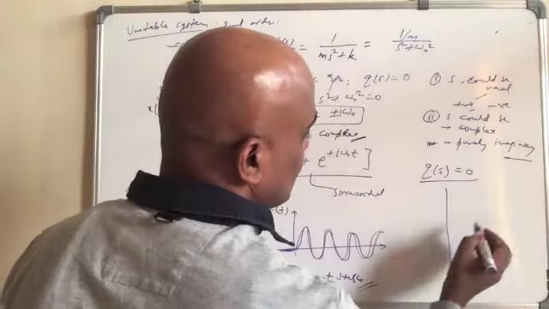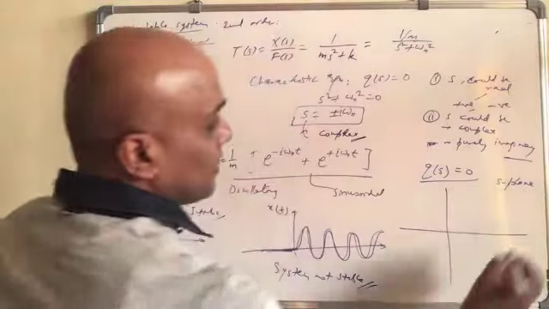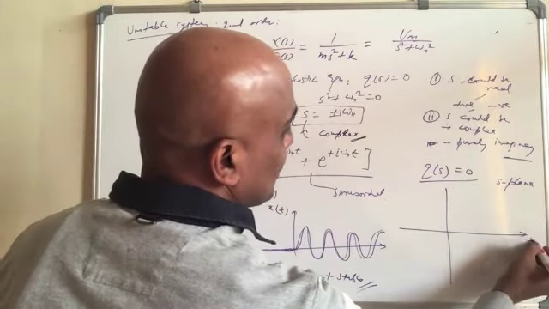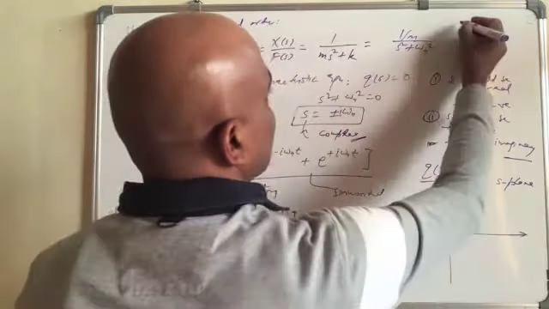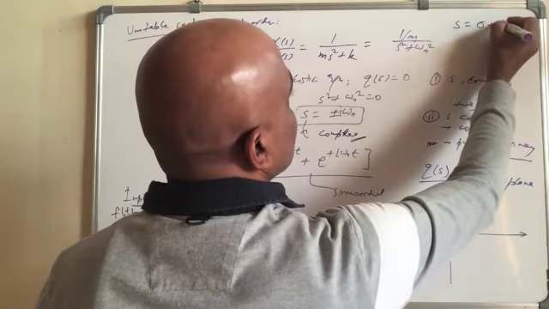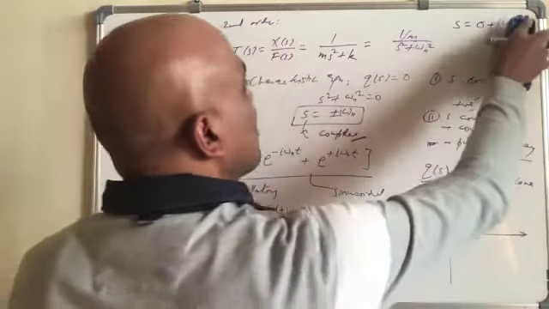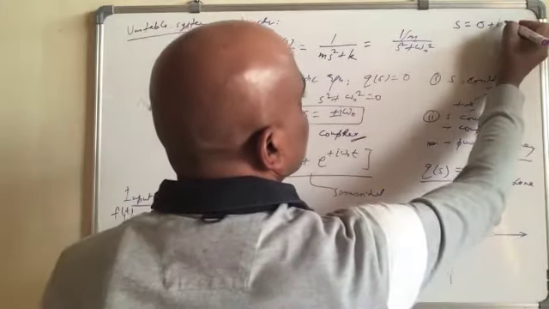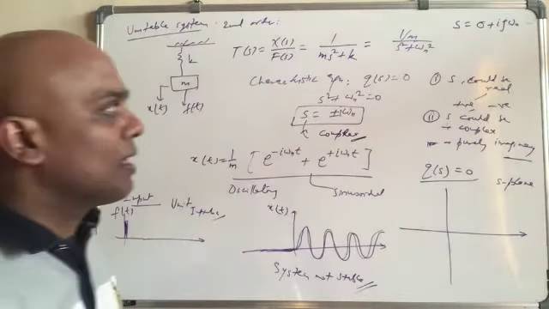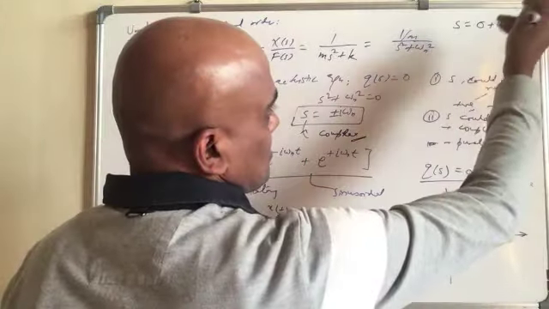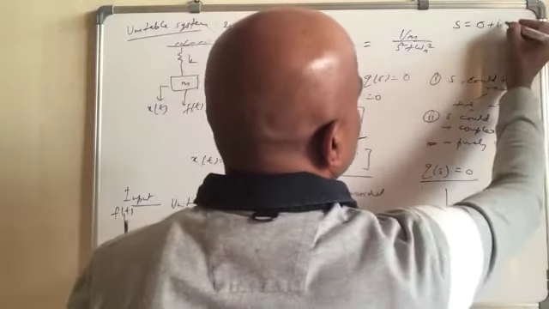That really means that there is an S-plane, something called the S-plane. Let us say we denote s as a complex number, where we write s equal to sigma plus i omega. Typically we write zeta omega n, but let's just write omega only.